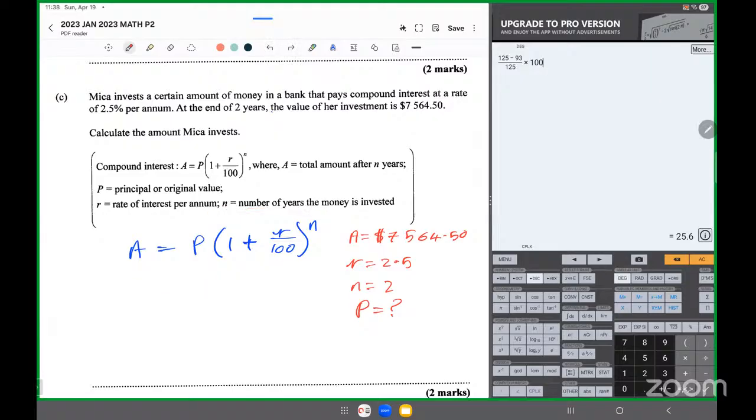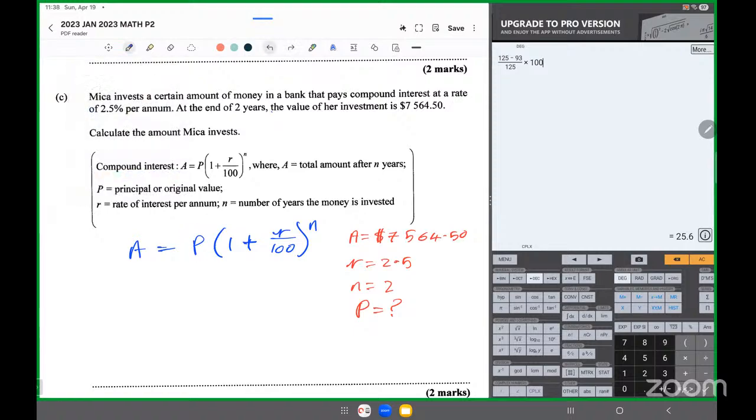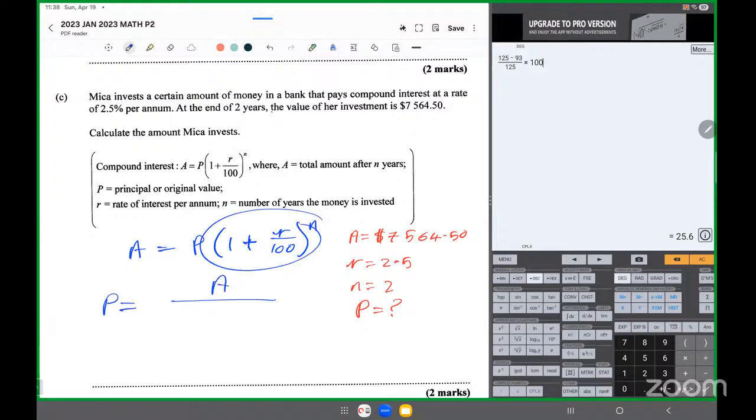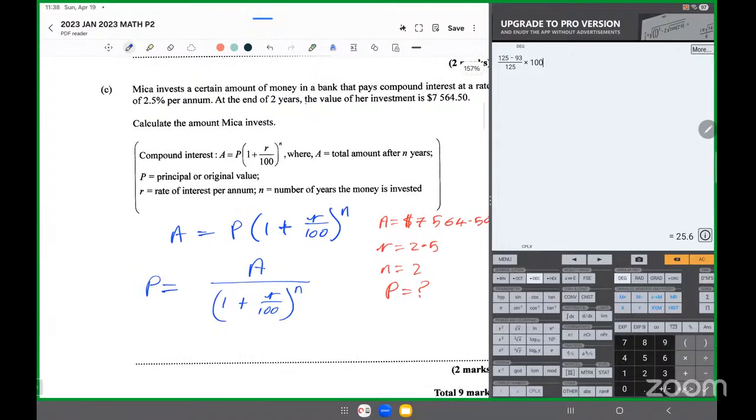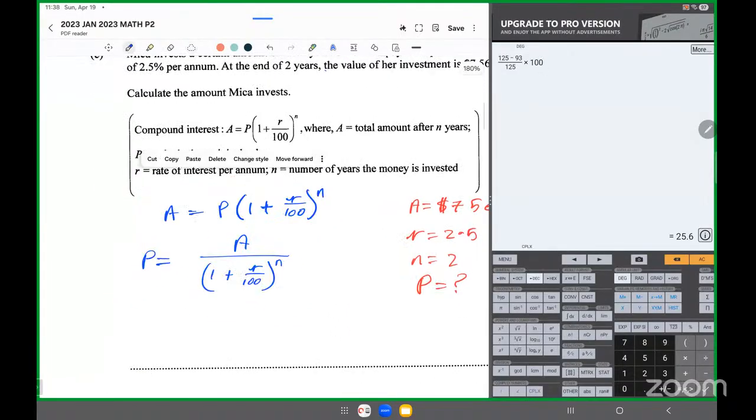Simple as that. So this P is going to become A over 1 plus R over 100 raised to the power N. And that's what we calculate. Just put the values in there. All right, so let's plug the values we know in there and we have the principal amount.